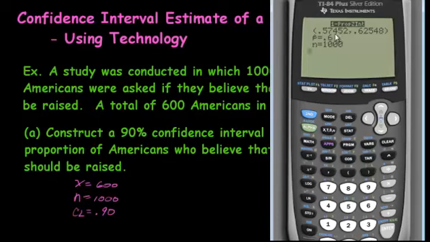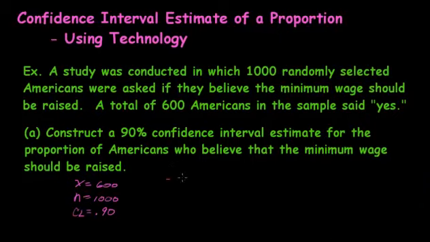So we've got 0.57452 to 0.62548, so we'll round that to 0.575 and 0.625. So our interval is 0.575, 0.625, and if you go back and check, when we calculated this using the formula, we got the same thing.